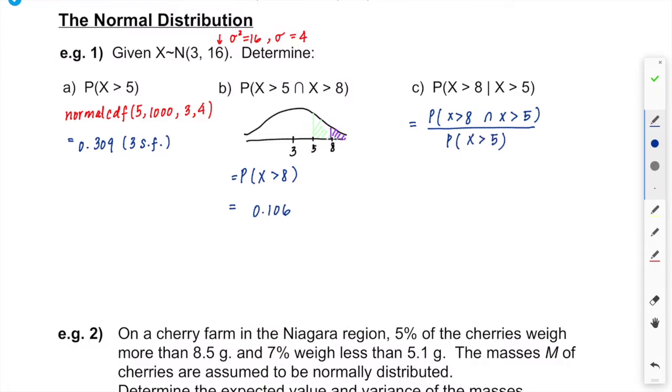Okay. So we have found these components in parts A and B. So let's substitute these numbers. You can keep the original numbers on your calculator to maintain accuracy. And 0.343 would be my final answer.